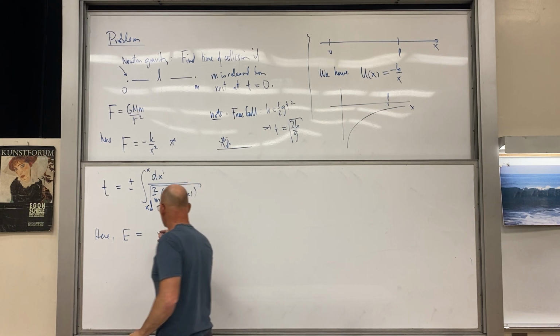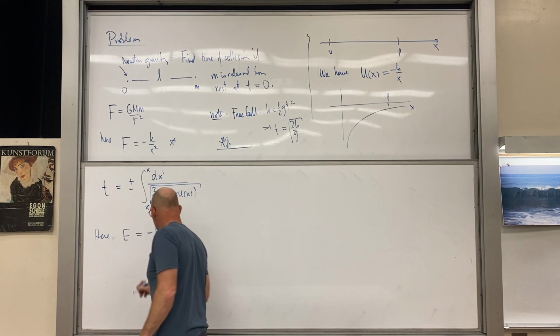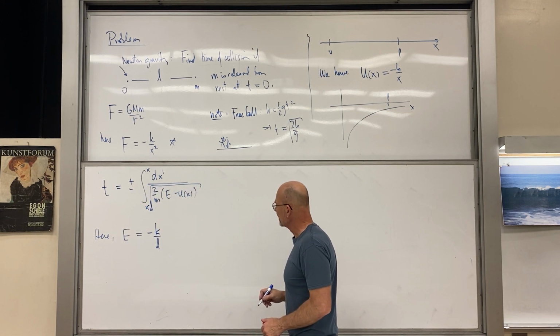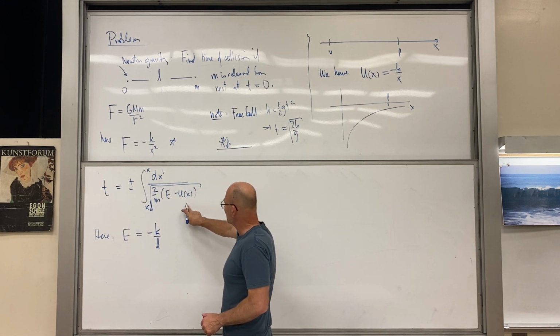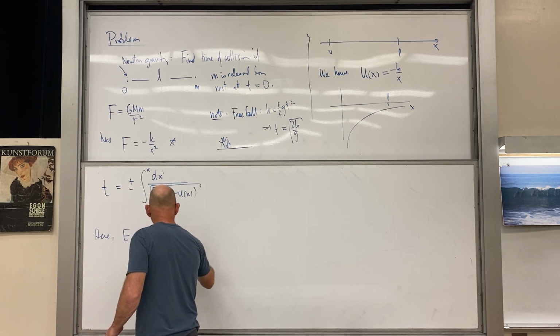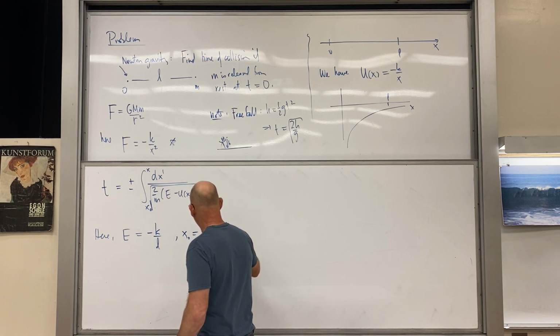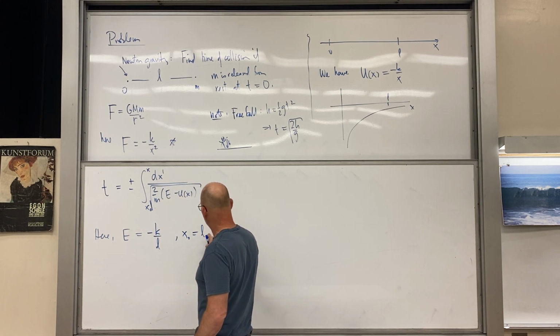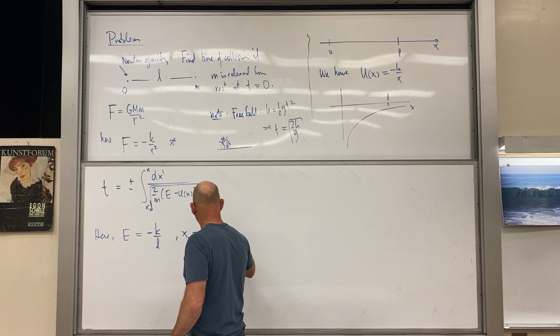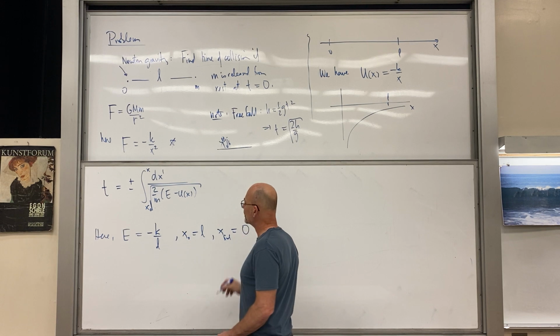So E is equal to minus K divided by L. And we have to go into this integral now. X0 is equal to L, and X final, I'll just write final, is equal to 0.